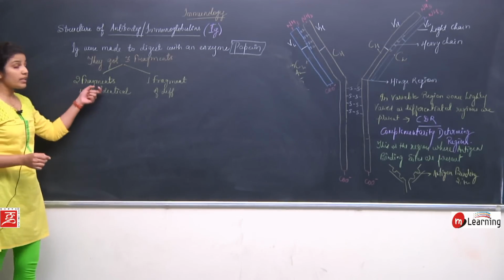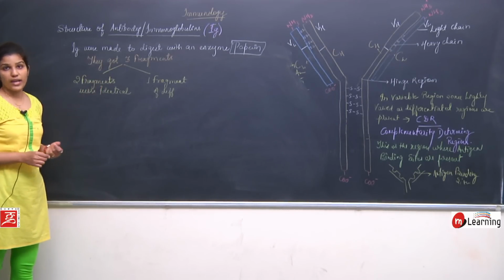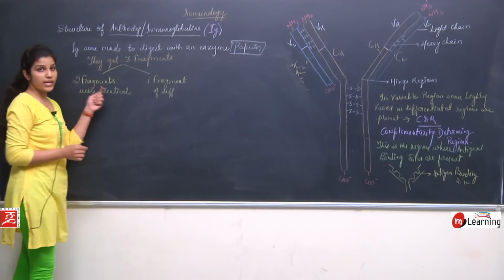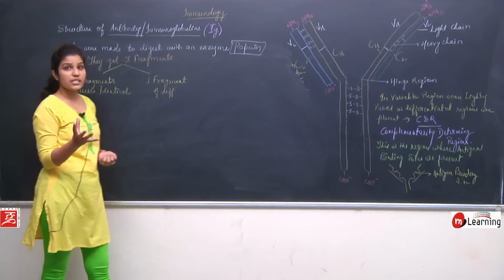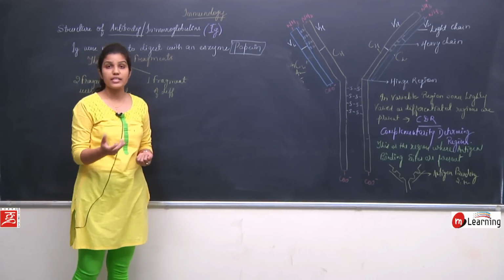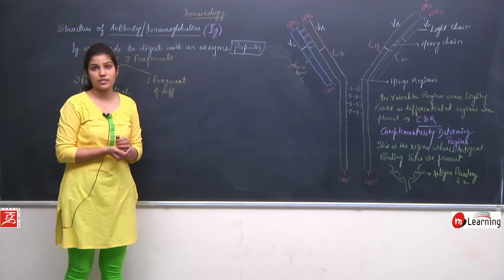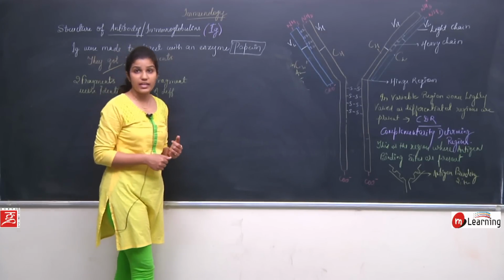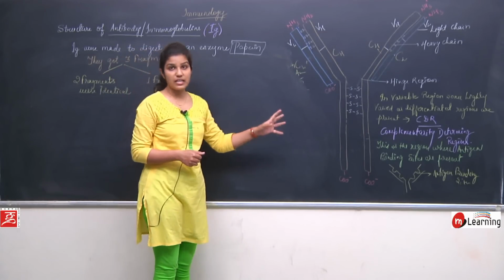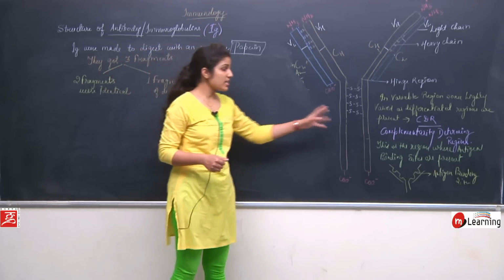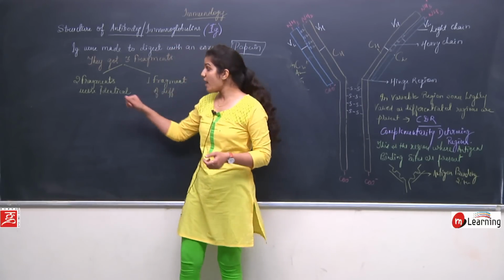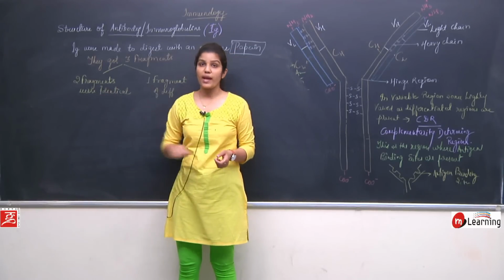Okay. Now when they observed these two identical fragments, they found that in these two identical fragments the antigen binding site is present. We have already discussed that the antigen binding site is present in the CDRs, and this CDR, complementarity determining region, is part of these two fragments.